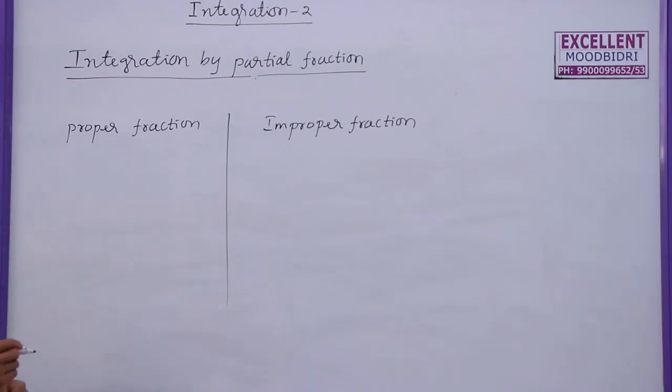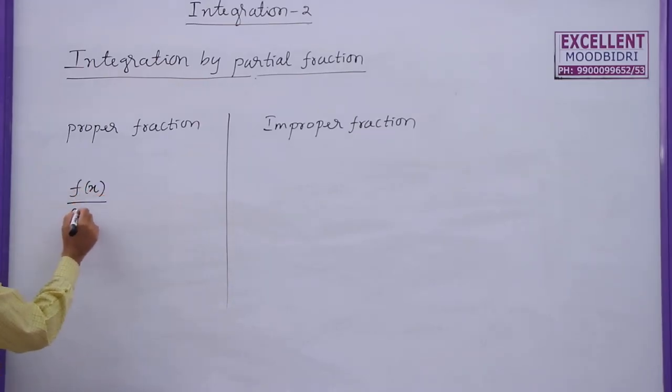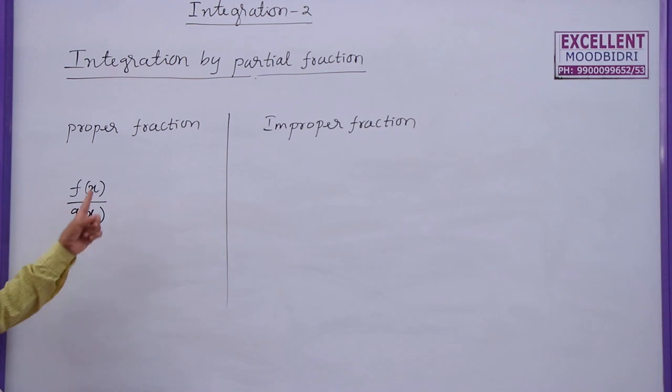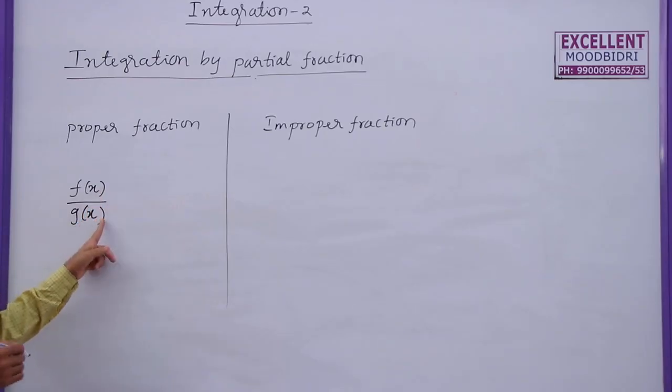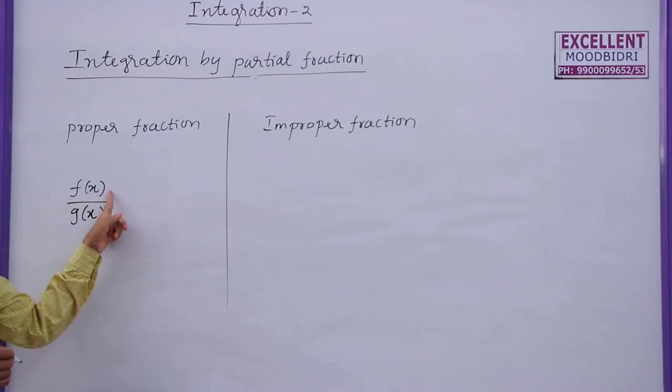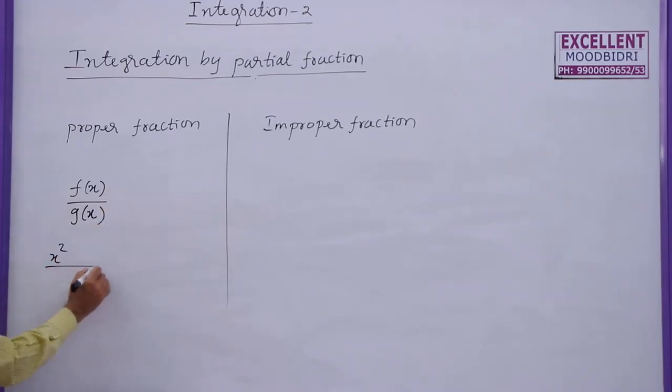A proper fraction is a rational function of the form f of x by g of x, where f of x and g of x are polynomials and degree of denominator is greater than degree of numerator. Clear? For example, x square by x cube plus x plus 1.